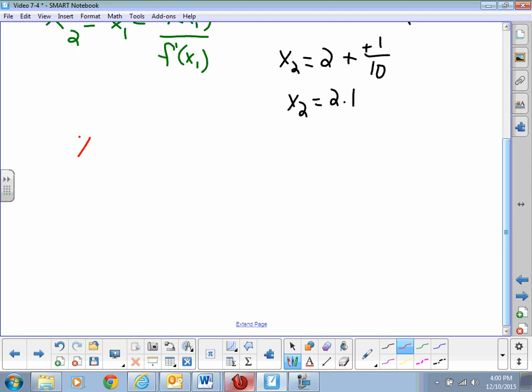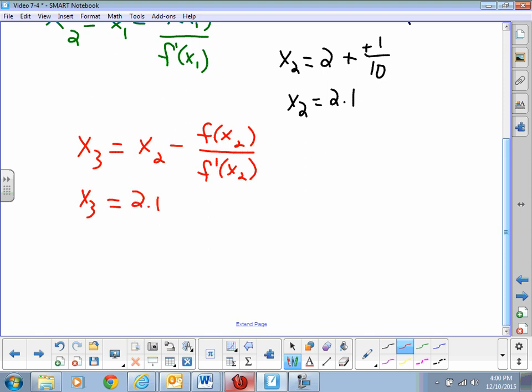If we want to find our third approximation now, x3, we need to do x2 minus f of x2 over f prime of x2. So we have x3 equals 2.1 minus, if we do f of 2.1, it's going to give us 0.061.